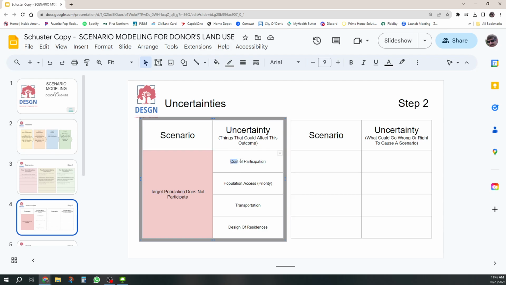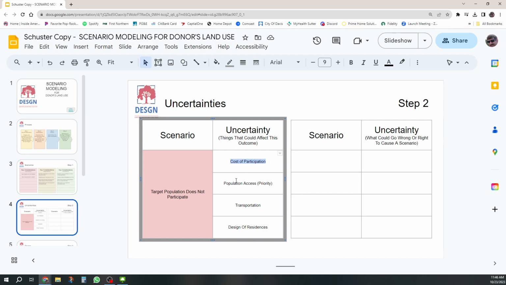So that would be an uncertainty because I don't have a number right now. I don't have a number for what it costs to rent, lease, buy, become a club member, whatever this thing is that allows these people to participate in whatever this housing solution is that I've come up with.